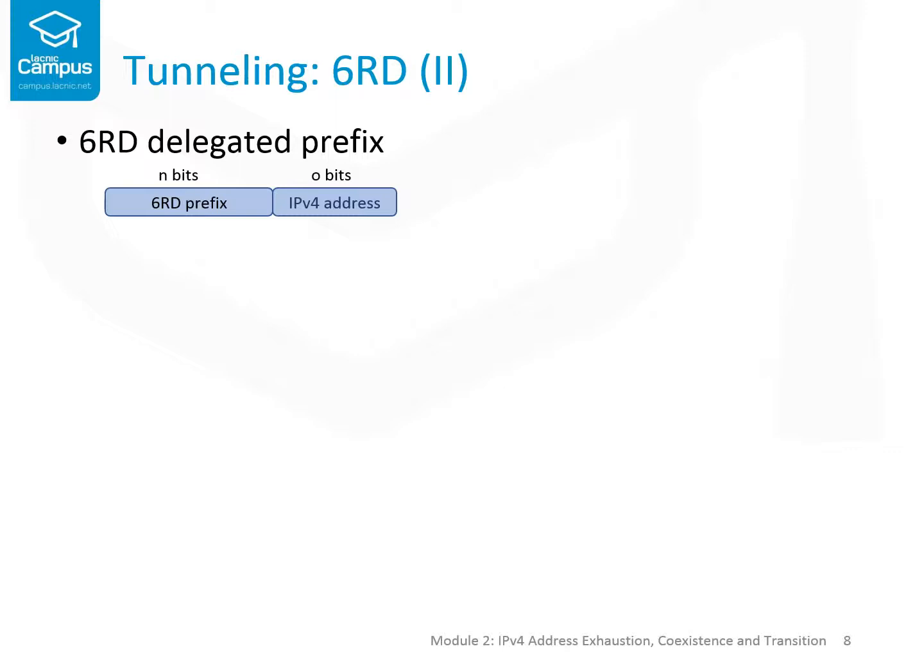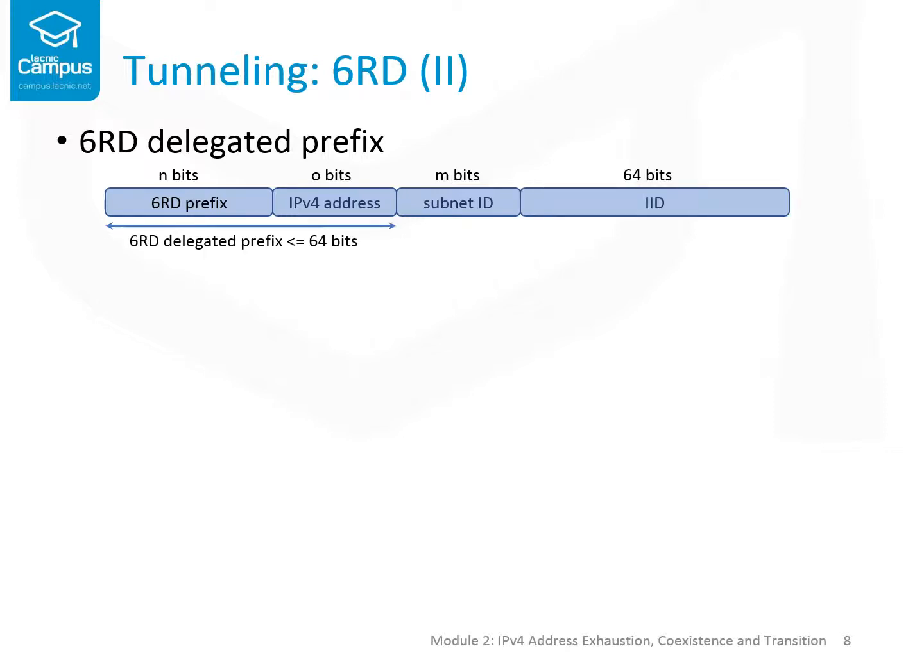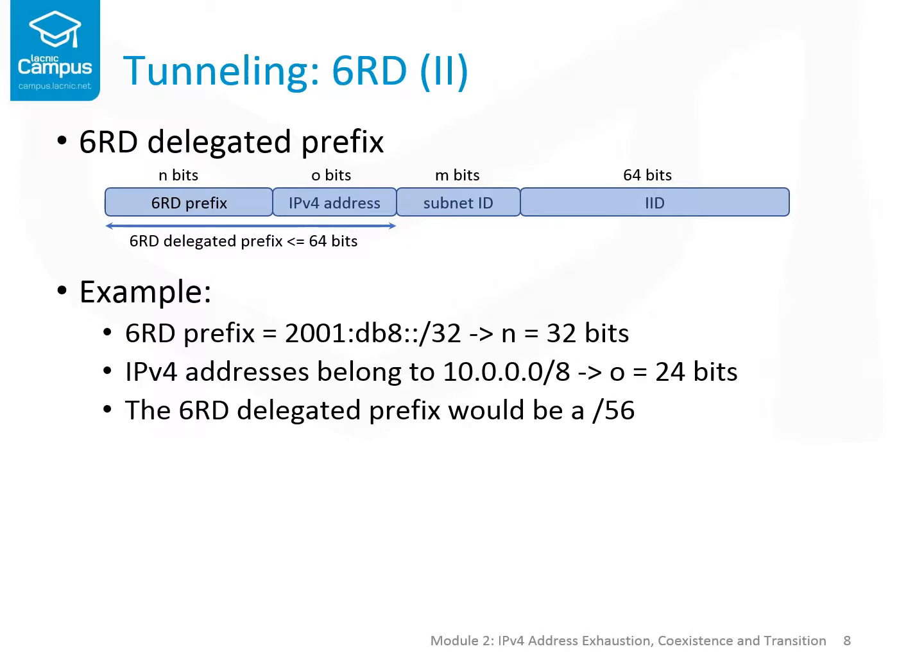In some cases, part of the IPv4 address can be eliminated when it is the same for all of the nodes in the network. If the 6RD delegated prefix is shorter than 64 bits, the CPE may create 64-bit subnets. Let's see an example. The 6RD prefix used by the ISP will be a /32. Therefore, in this case, N is 32 bits.